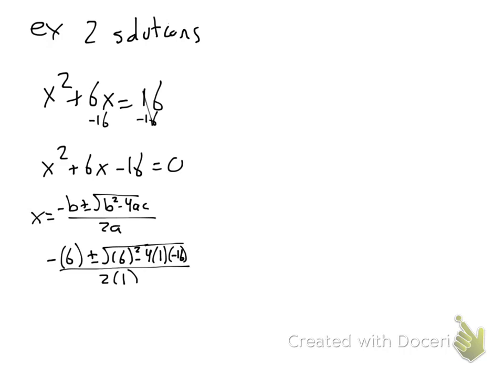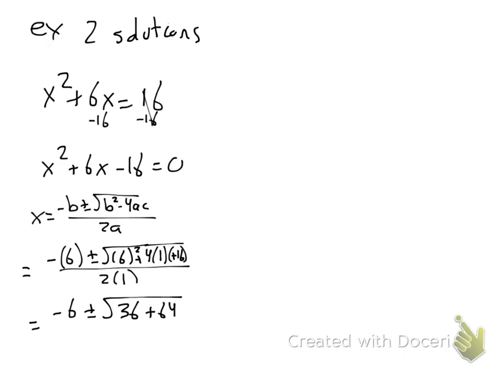And now let's evaluate this. Opposite of 6 is negative 6 plus or minus the square root of 6 squared is 36. Negative here makes a positive, so I'm going to change those. And 4 times 16. 4 times 2 is 32. Times that by another 2 is 64.